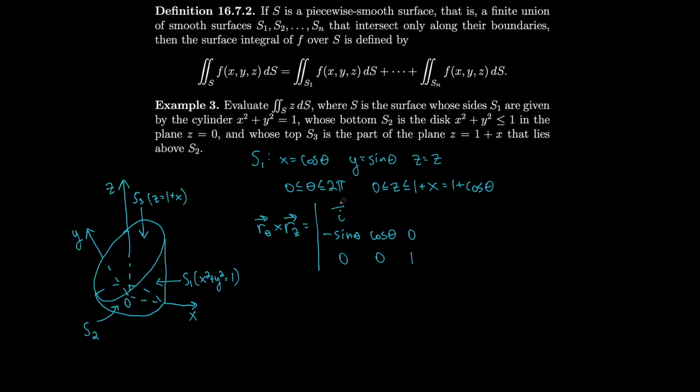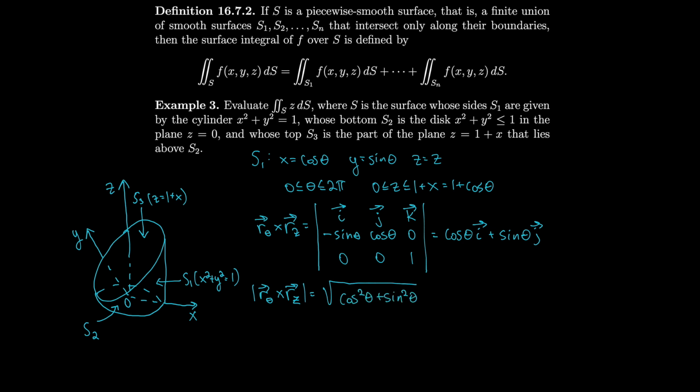So we'll just throw in our i, j, and k, and we'll take our determinant, and we get cosine theta i plus sine theta j. So that means that the length of this cross product, r theta cross rz, will just be the square root of cosine squared theta plus sine squared theta, which is 1.